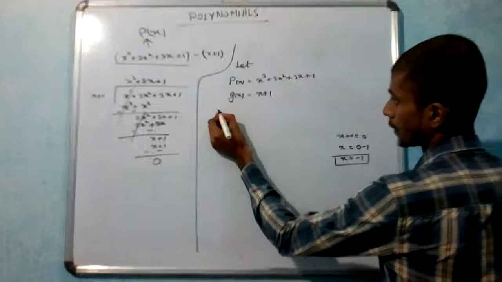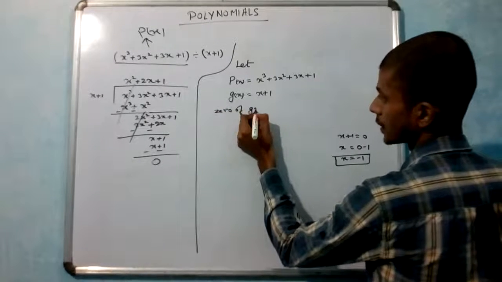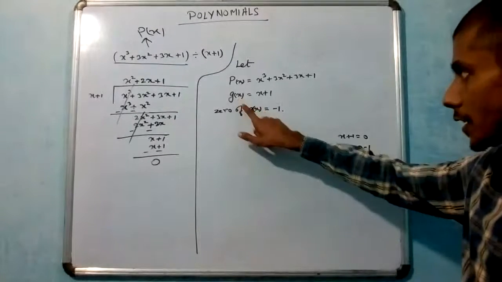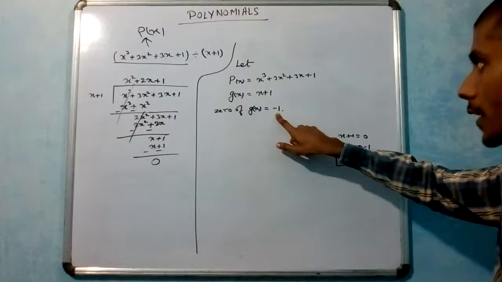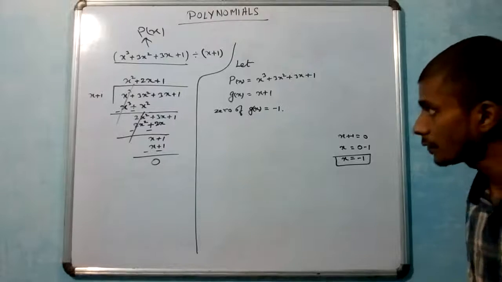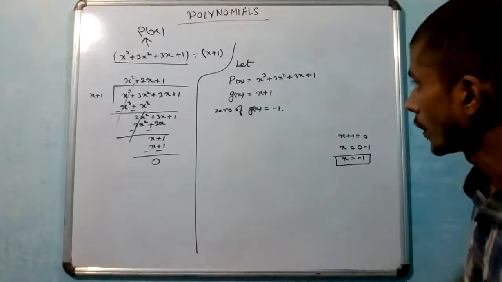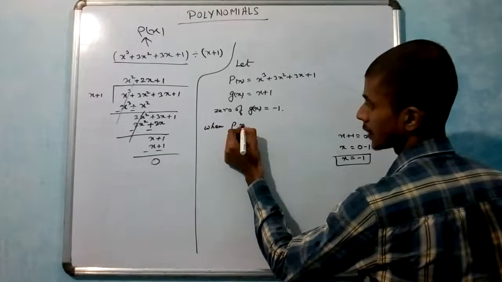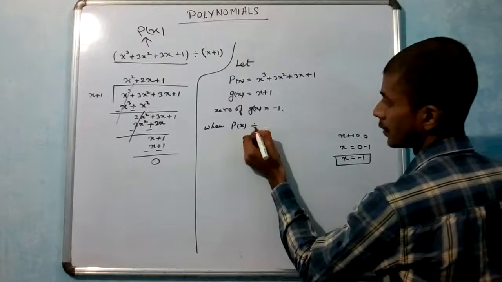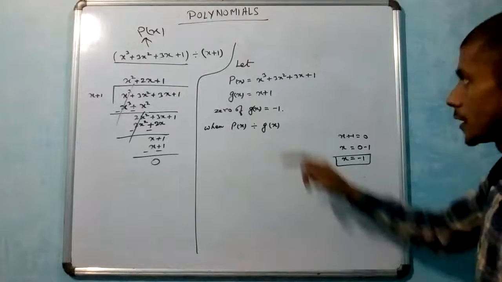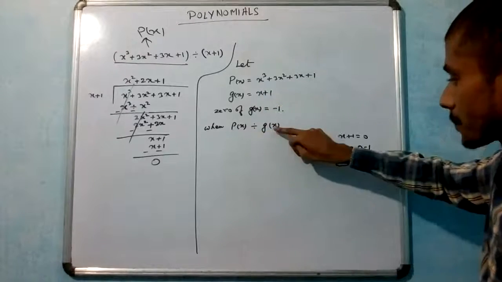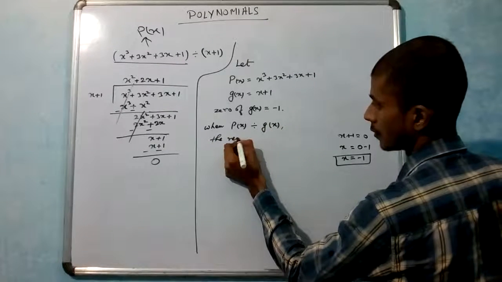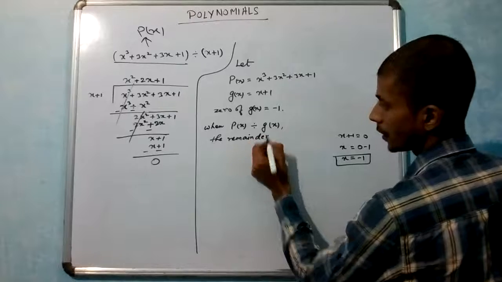Now what to do? We will write zero of g(x) is equal to minus 1. Zero of g(x), that is the polynomial, is equal to how much? Minus 1. Fine? Now to get the remainder of this division, when p(x) is divided by g(x), the remainder will be what?